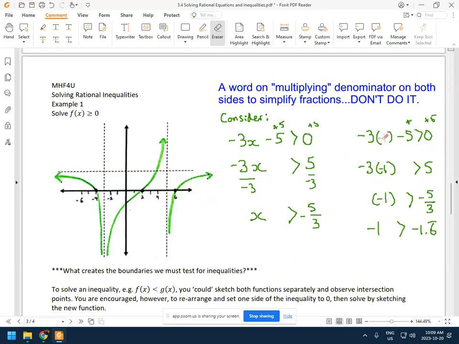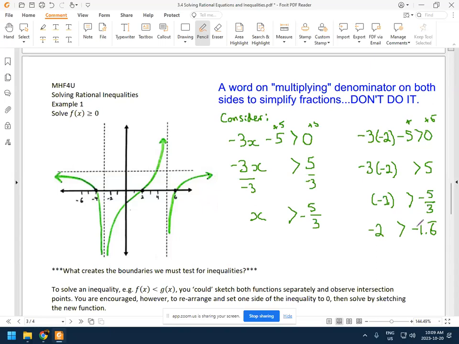How about, you know what? I'm going to use this to my advantage. This is not a mistake. This was intentional. If that was a -2, and that was a -2, and that was a -2, my answer would be -2 is greater than -1.6 repeating, and that's not true.